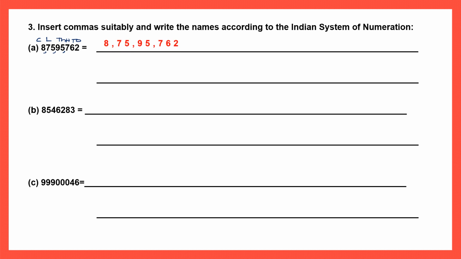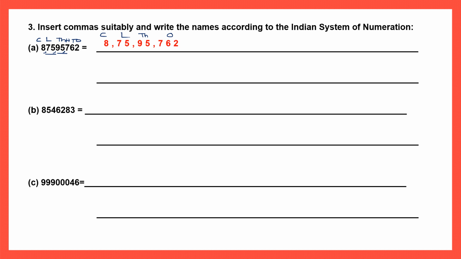So we have a comma after 8, then again a comma after 75, then a comma after 95, then we have 762. So if you write the period above each, this is the ones period. So here we have the ones period, then the thousands period, then the lakhs period, and the crores period.